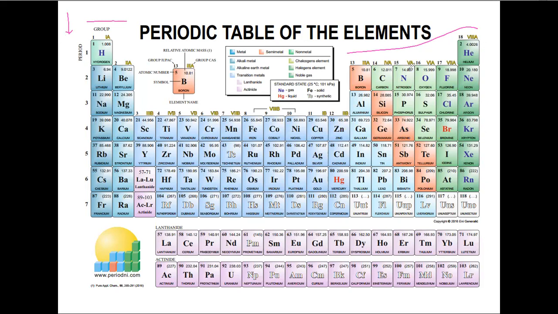Then go for the third A, boron, aluminium, gallium, indium, thallium. Then go for fourth A, carbon, silicon, germanium, tin, and lead. Go for fifth A, nitrogen, phosphorus, arsenic, antimony, bismuth. Sixth A, oxygen, sulfur, selenium, tellurium, and polonium. Then seventh A, fluorine, chlorine, bromine, iodine, and astatine. Then go for the zero group, helium, neon, argon, krypton, xenon, and radon. This is how you have to remember them.